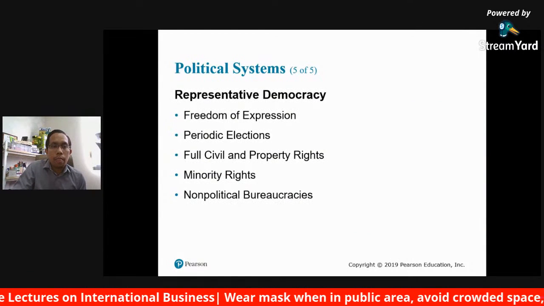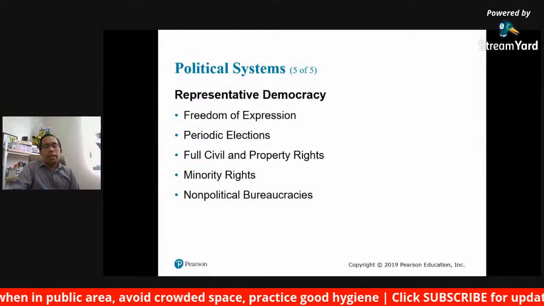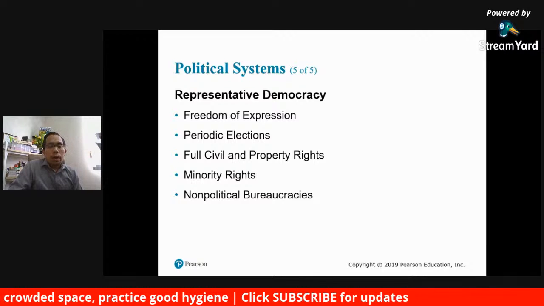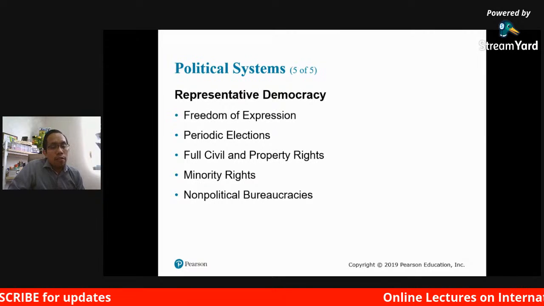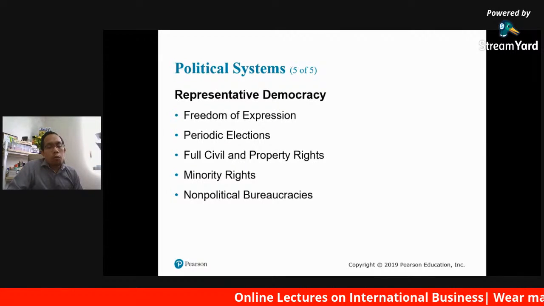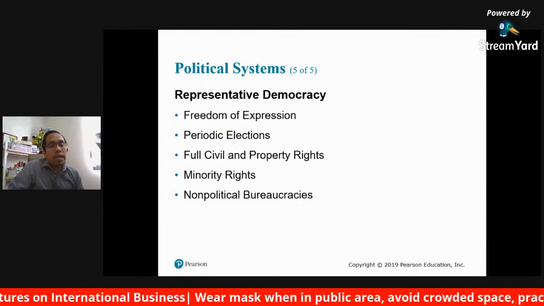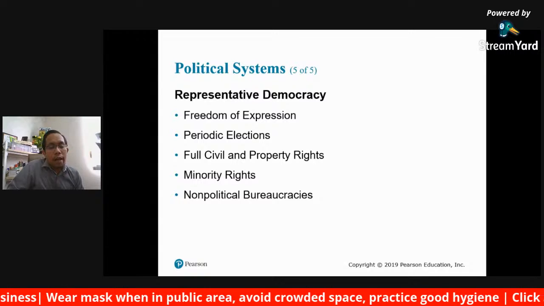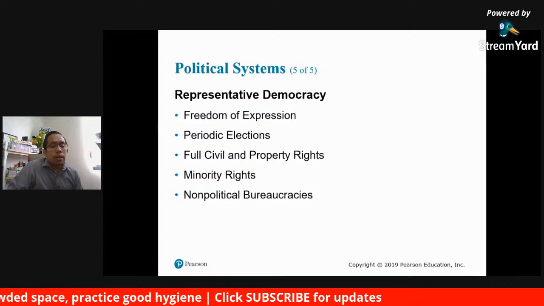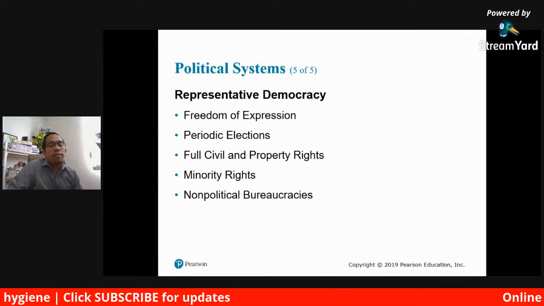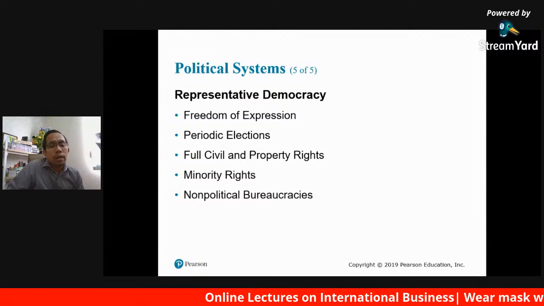So in representative democracy, we have much more space to express, and we have the election where we can elect our leaders to represent our voice, with full civil and property rights.